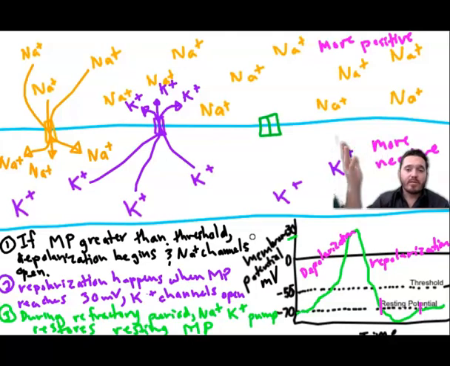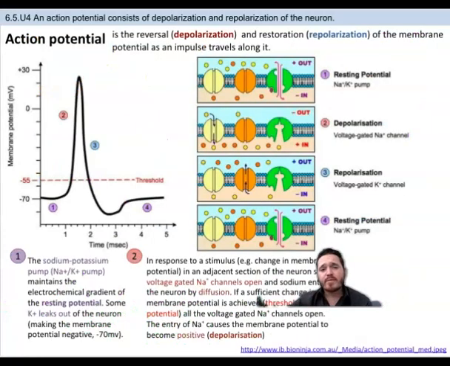So it's like a chain reaction where as you're moving along the neuron, along the axon of the neuron, the signal and the depolarization will just be propagated and move along the axon until you reach the axon terminal. This slide is a really nice overview slide if you need a quick review of what happens during action potential.